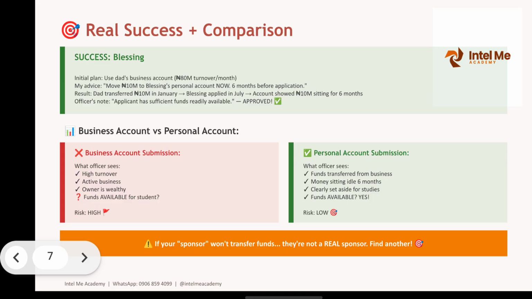Move the money, let it stay there to show that this money is truly meant for your studies and it is available. So if your sponsor won't transfer funds to you, it's just best to look for another sponsor, because that's the best way to go about it to ensure that you get approved.